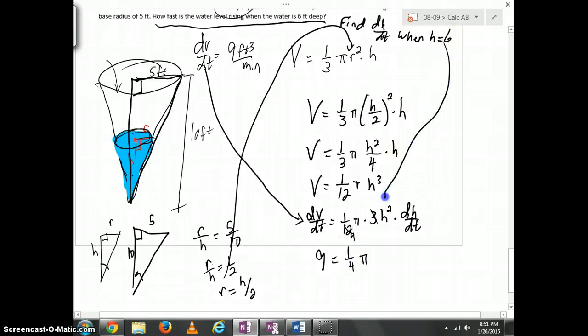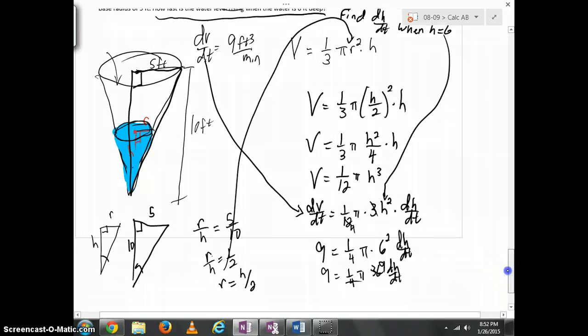But I want my height to be a 6. So I'll have 6 squared here. And then we're going to look for dh/dt. Now 6 squared, of course, is 36. And very quickly we'll see that dh/dt over here can be solved for. 4 goes into 36 9 times.